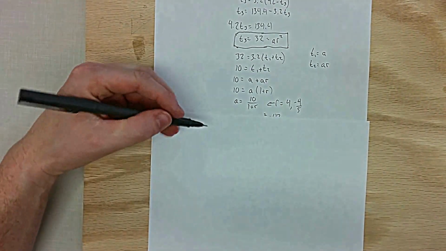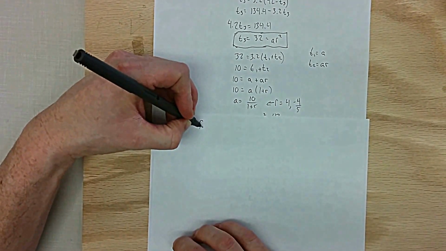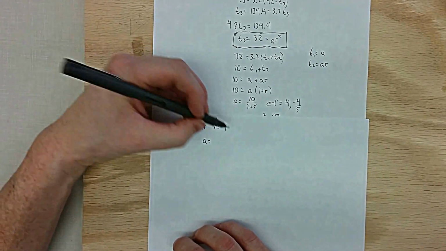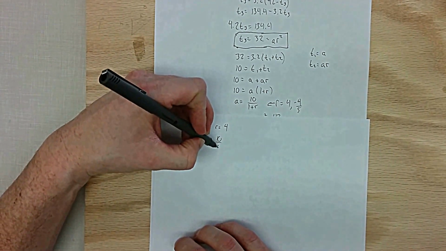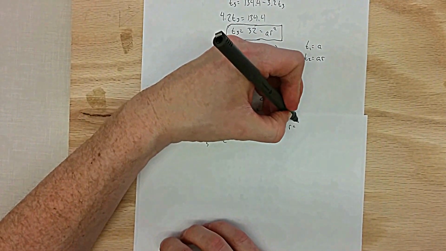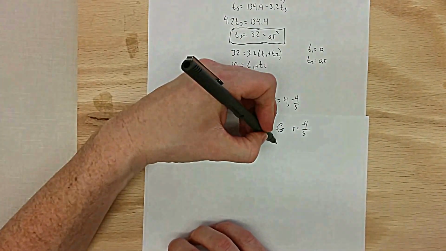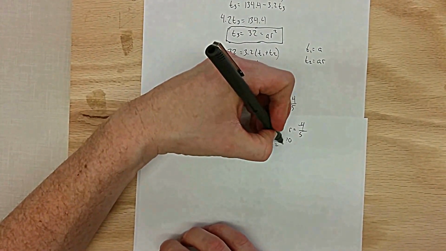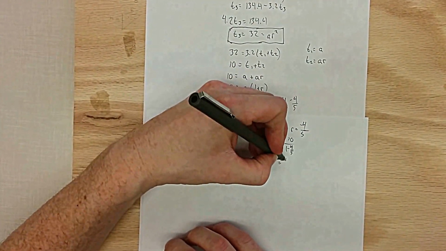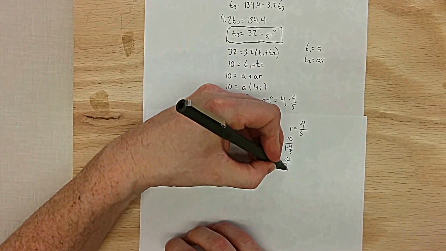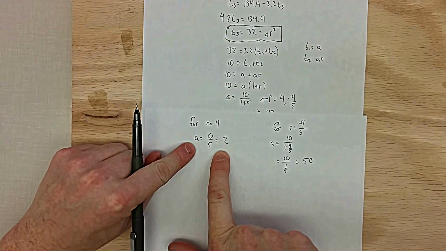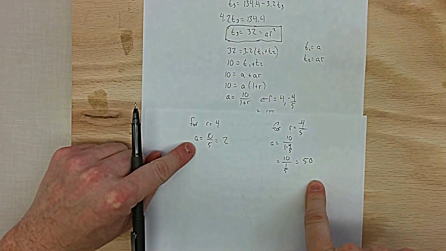For r equals 4, a is going to equal 10 over 5, or 2. For r equals negative 4 over 5, a equals 10 over 1 minus 4 over 5. Well, that's going to equal 10 over 1 over 5, which equals 50. So my first term is either 2 or 50.